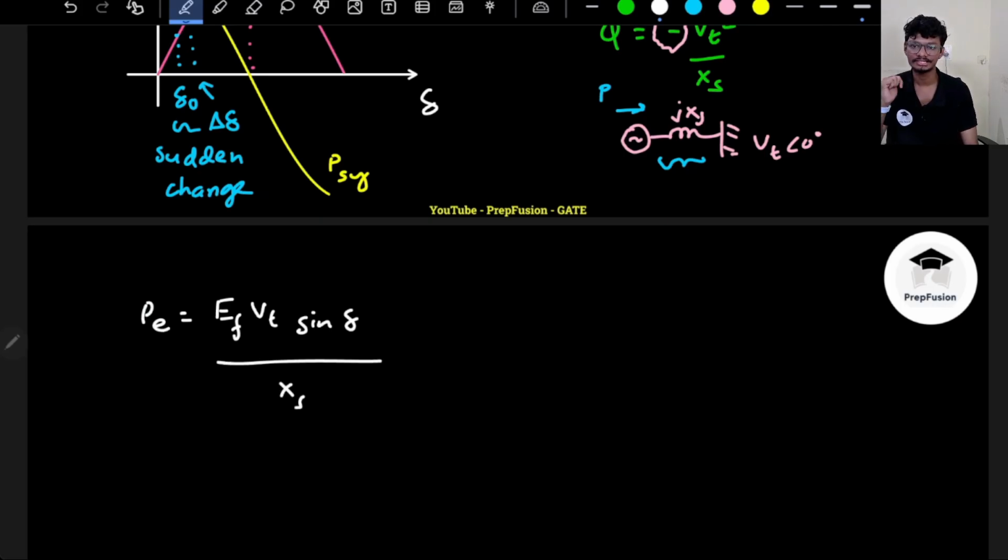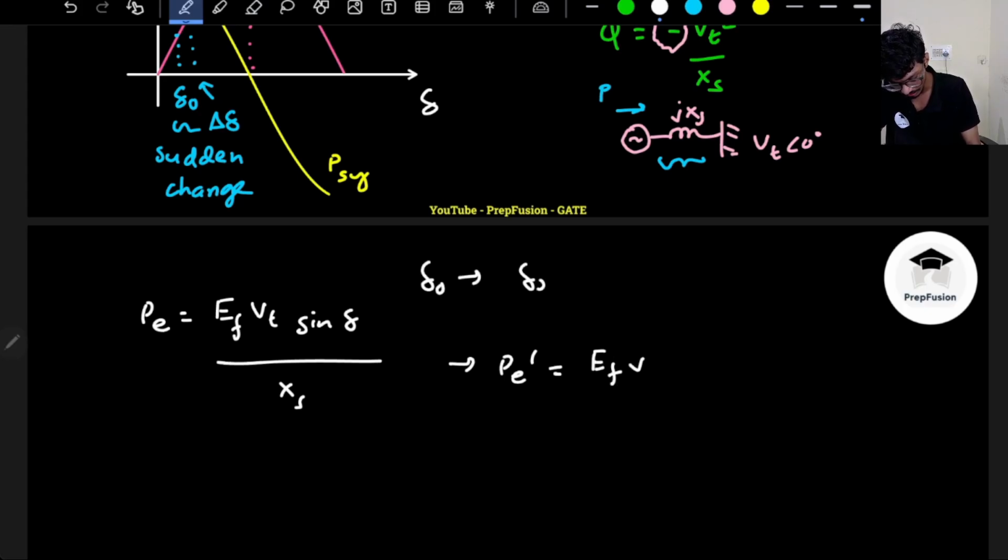Now from delta I am changing it to delta naught plus del delta. So my power P dash is changing. Initially it was delta naught, now it has changed to delta naught plus del delta. So my initial power was EF VT into sine delta naught divided by XS.